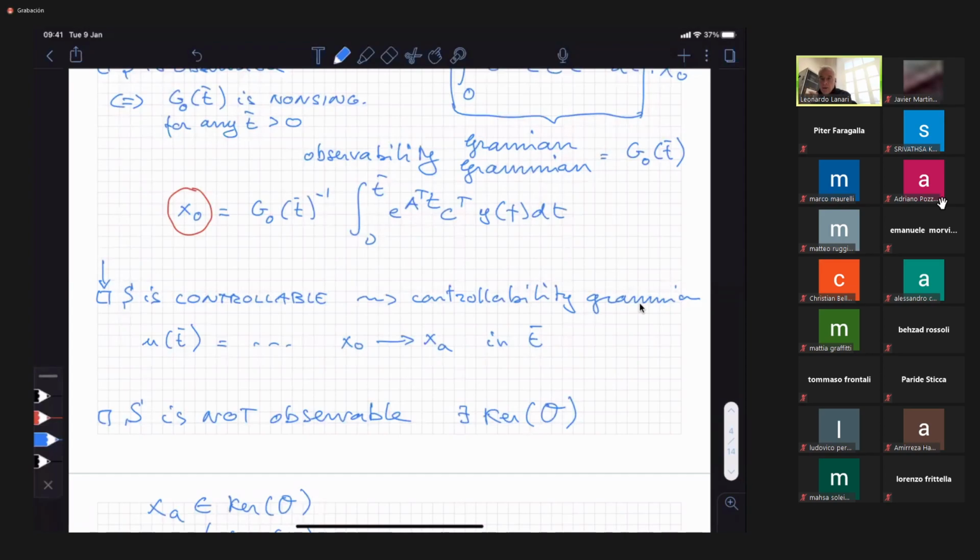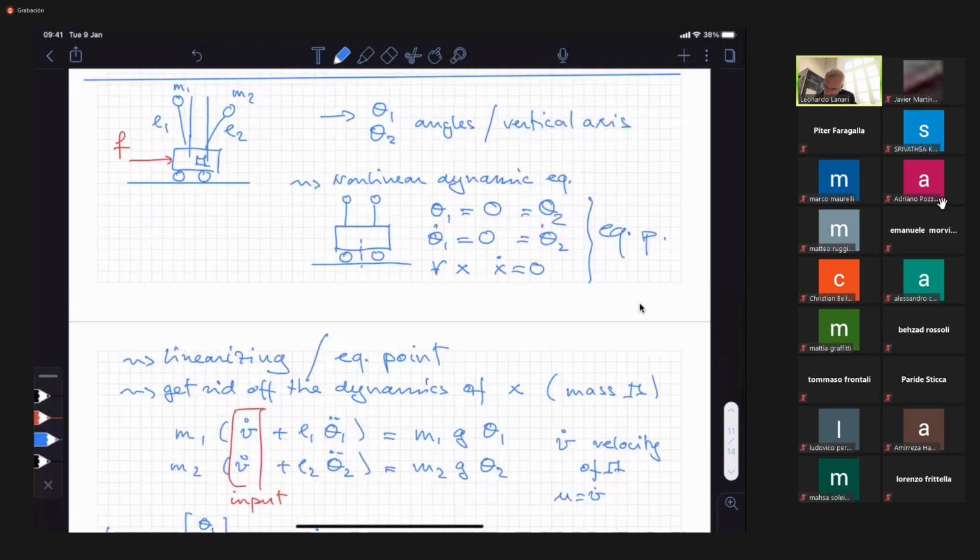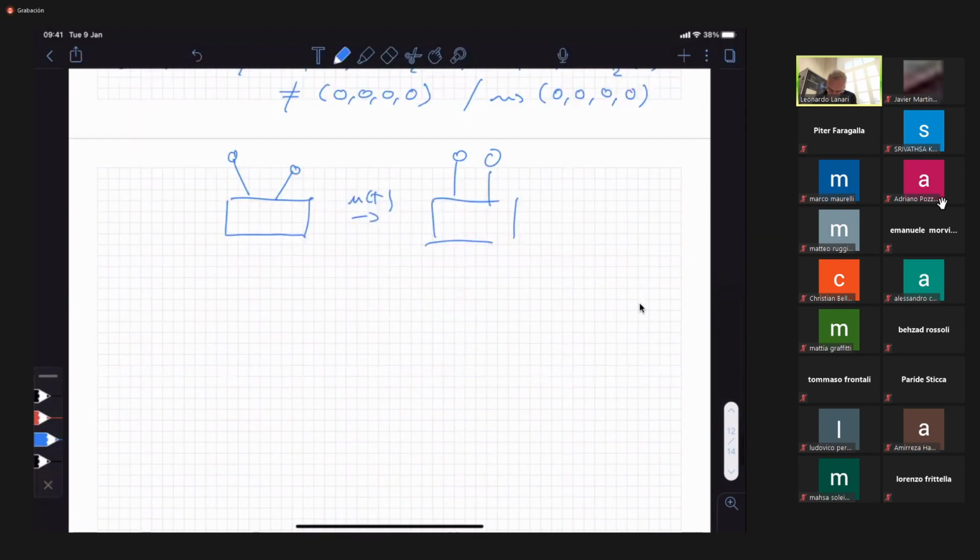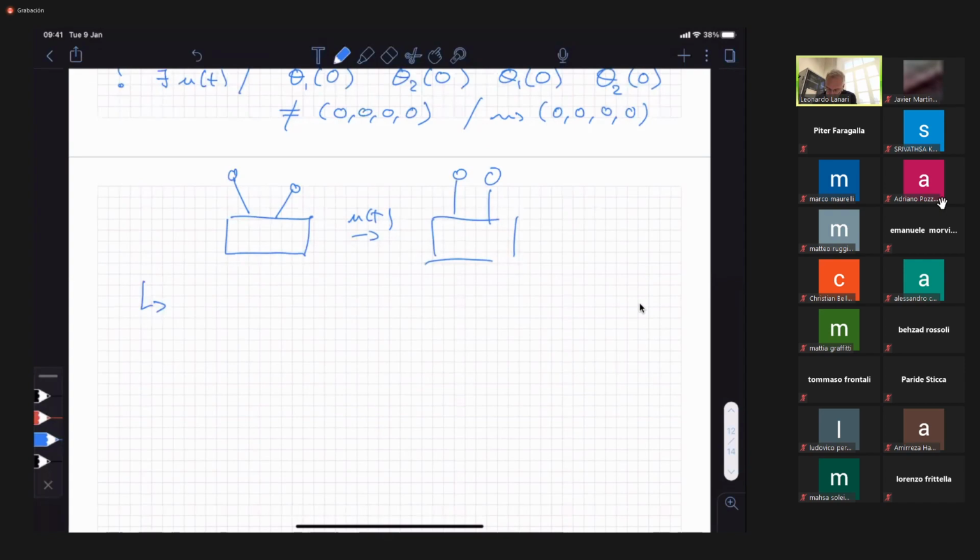And this is possible if and only if this Gramian matrix is non-singular, which is equivalent to asking that the system is controllable. So we see that it's exactly this kind of formulation that we have in this problem. So we know that this input exists if and only if the system is controllable.